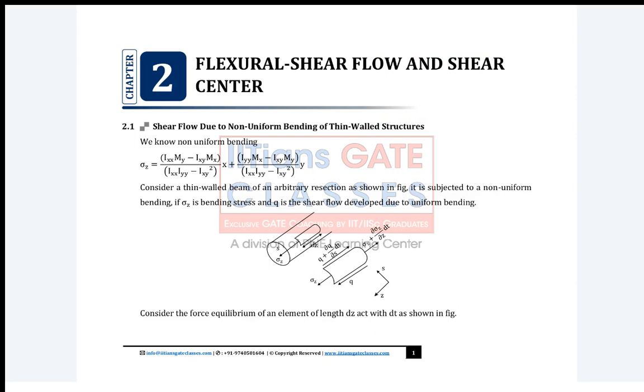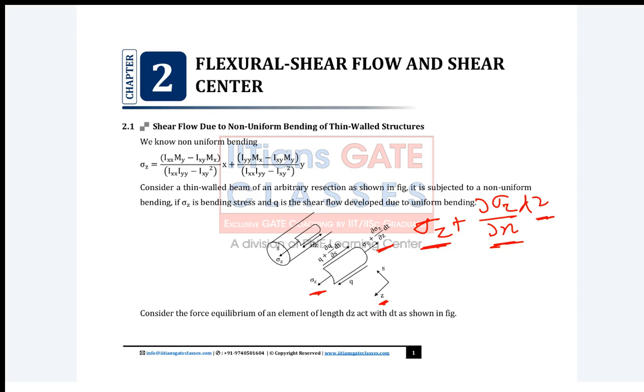Now guys, when sigma z is varying, we consider this thin walled section and this element. Here it is sigma z, and the variation of sigma z along the z direction is given by Taylor series expansion, which is sigma z plus dou sigma z by dou z into dz: the initial value plus the change into the total length.